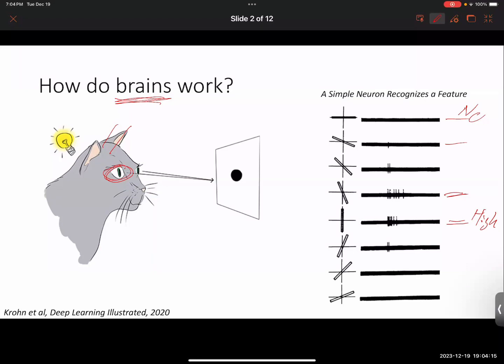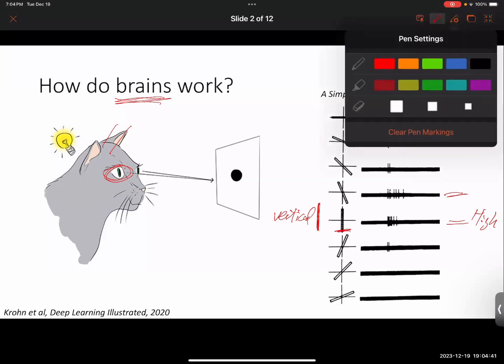It turns out, almost by accident, when we give a vertical line, a completely vertical signal to the cat eye, some neuron will have a very high activity. So this neuron is very sensitive to vertical signals.